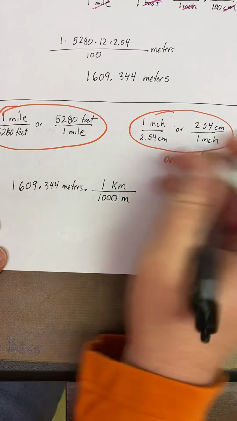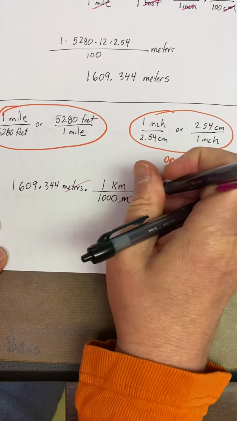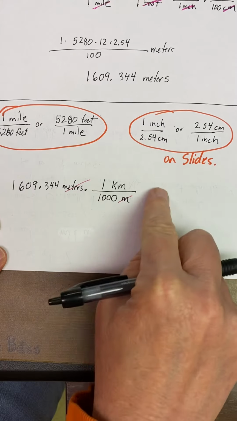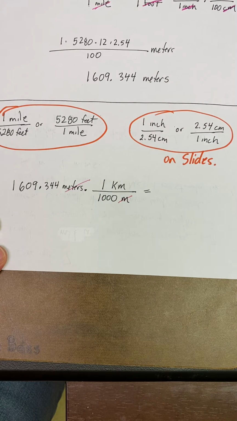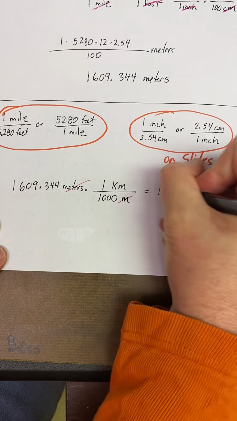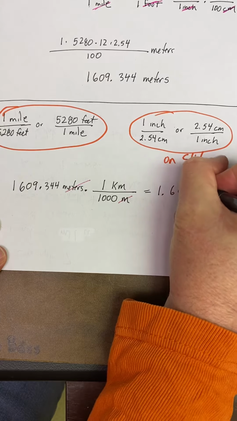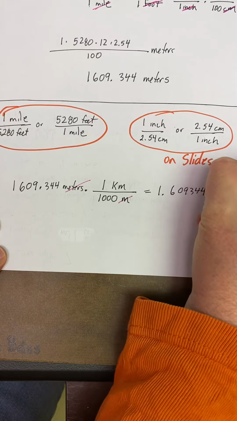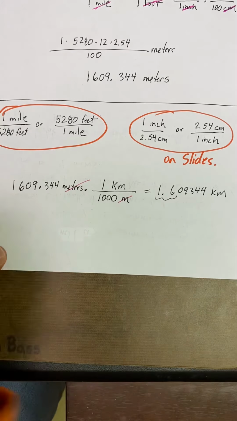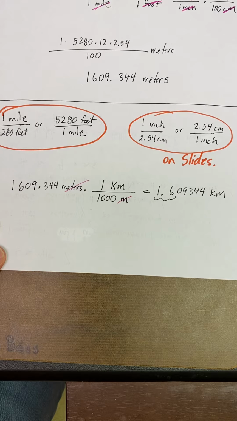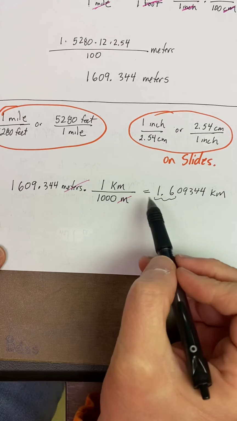And I'm done, really. The meters have canceled. Just divide that. 1,609.344 divided by 1,000 is 1.609344 kilometers. So 1 mile is about 1.6 kilometers. If you need a reference, a kilometer is a little more than half a mile.